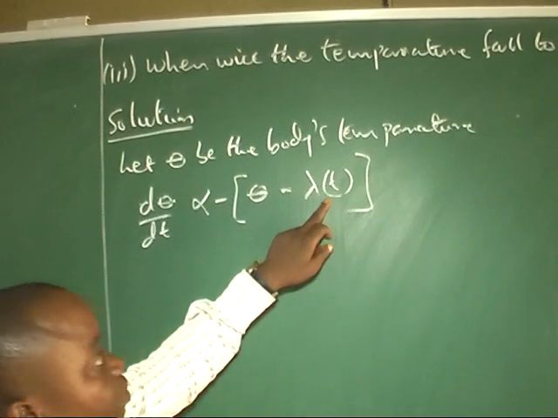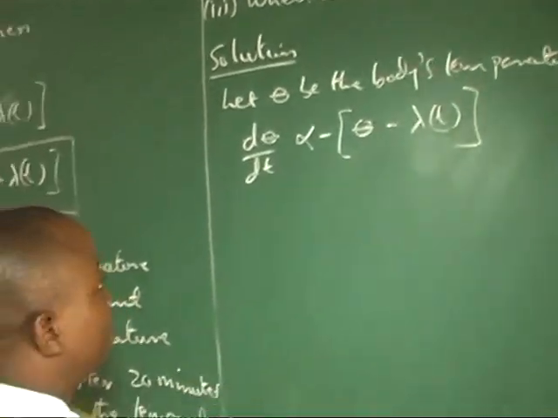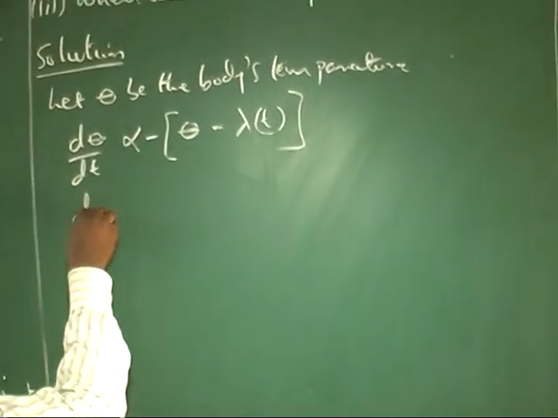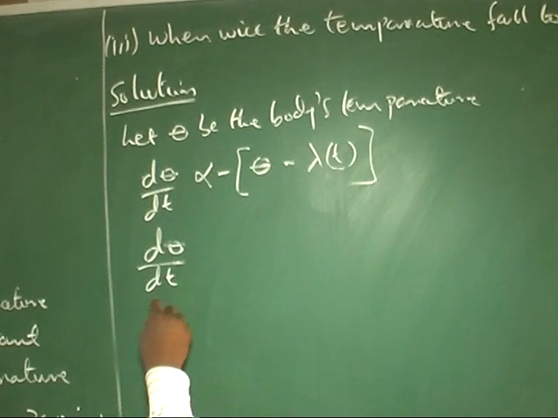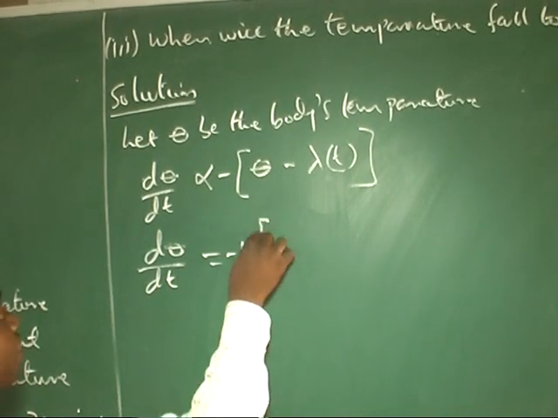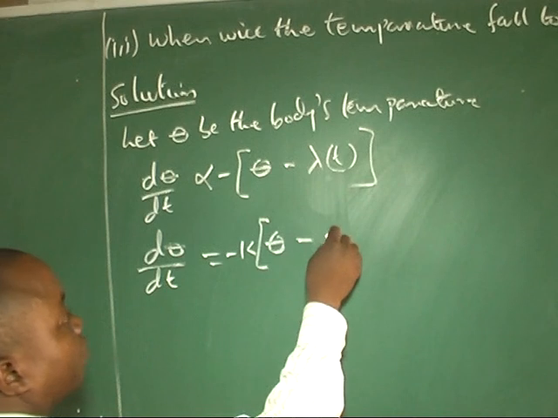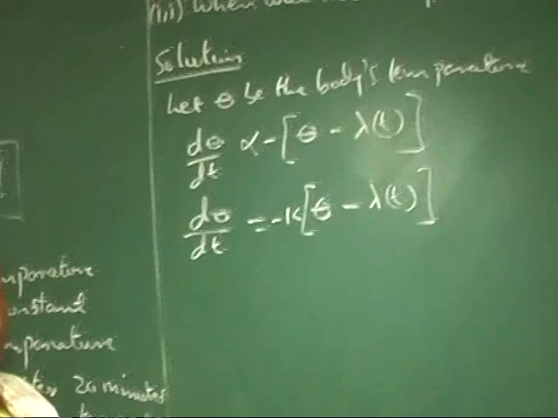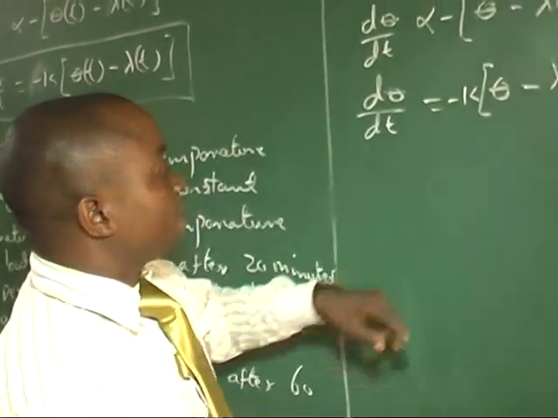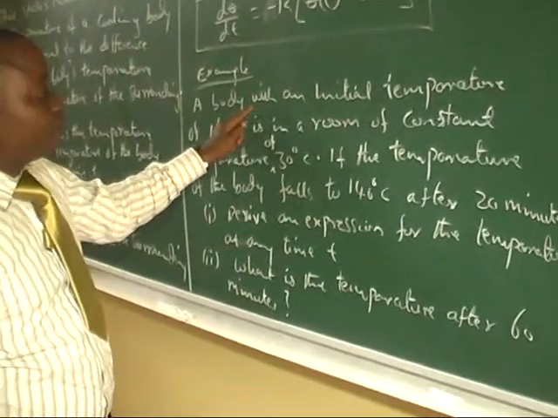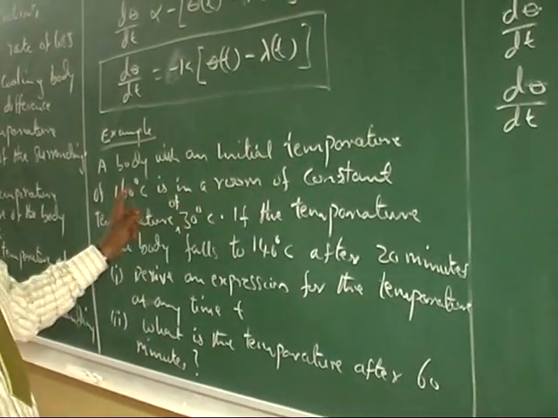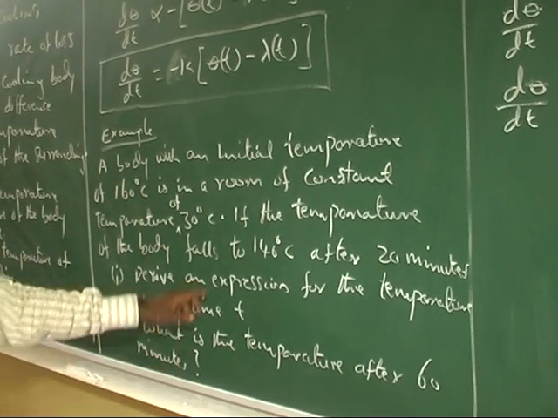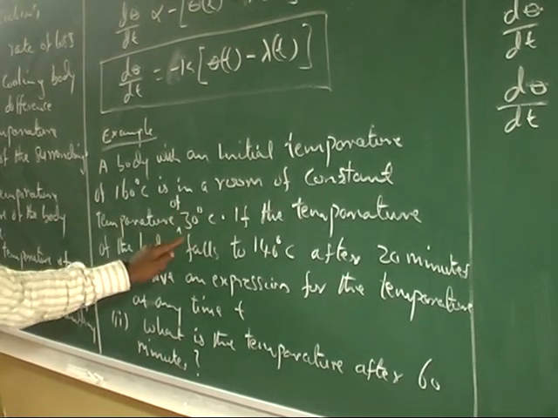This one is the temperature of the surrounding. Now this is what we have already derived, and we can now write it as d theta dt is equal minus k theta minus lambda of t. Okay, the question now is that a body with initial temperature of 160 degrees is in a room of constant temperature 30.